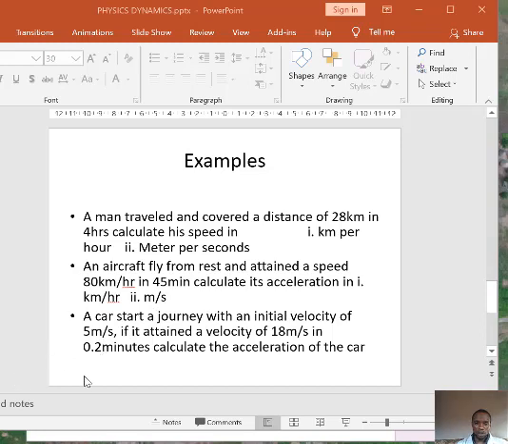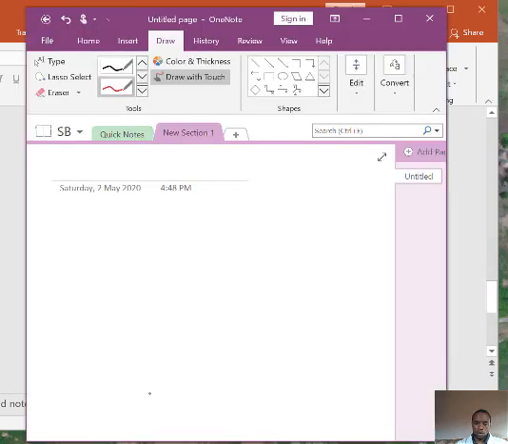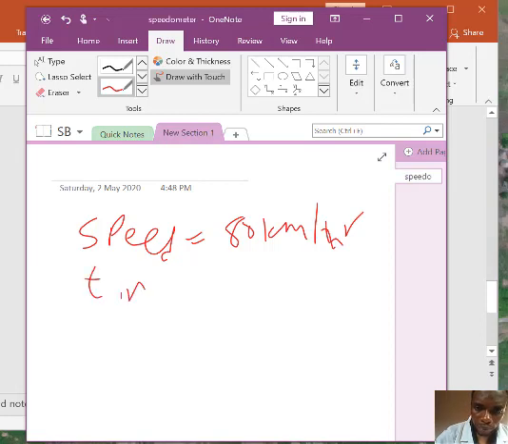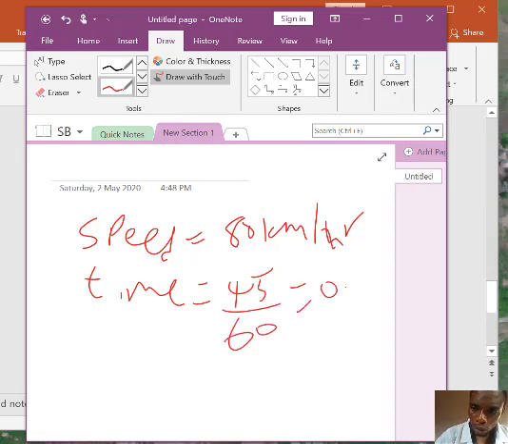So let's write out our parameters. We are given that the speed is 80 kilometer per hour. Then we have our time to be 45 minutes, which we can convert by dividing by 60. It will give us 0.75 hour.